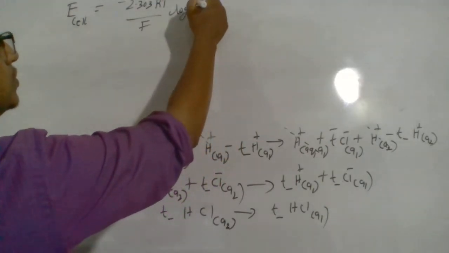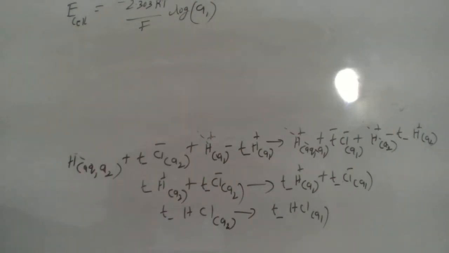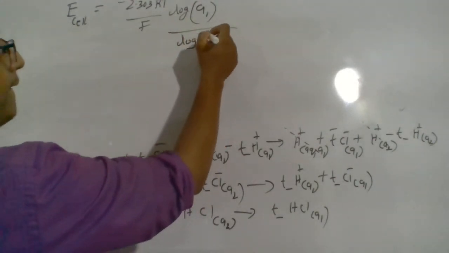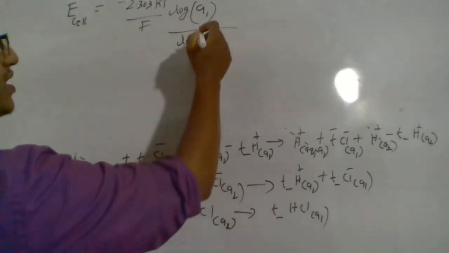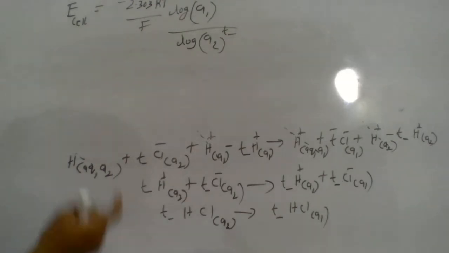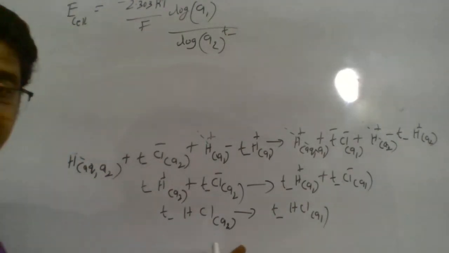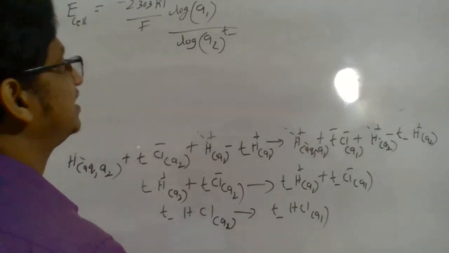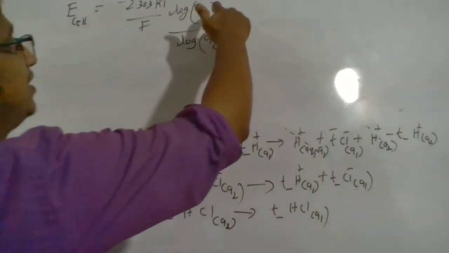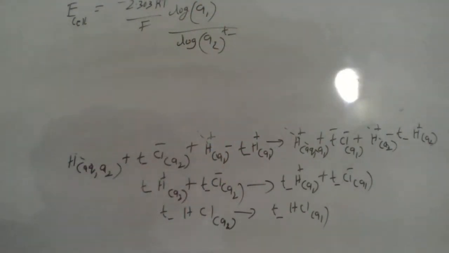So we are writing the inverse equation for this final reaction, t minus HCl A2 gives t minus HCl A1. So here let's write A1 raised to t minus divided by A2 raised to t minus.